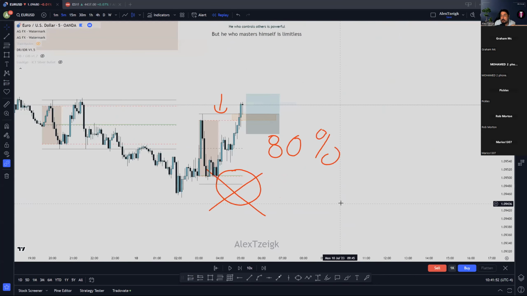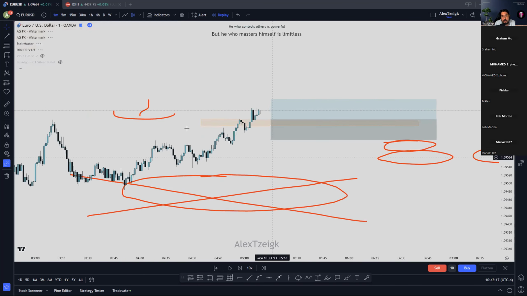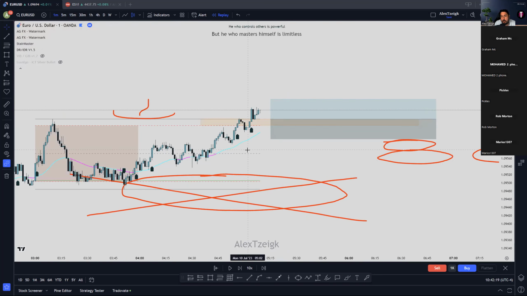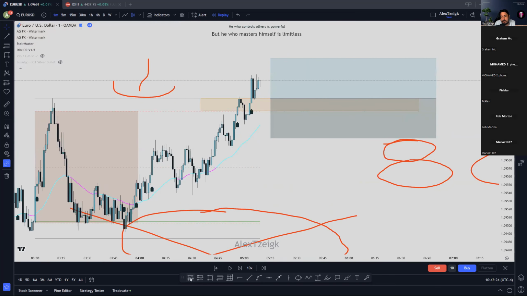I can't now currently, and implement the number 3, for example, entry model, and to be even safer, as I am currently trading for Strategy Wars, wait for an indicator signal at this point. And let's see what will happen. Look what I had over here. I had a Stairmaster signal.